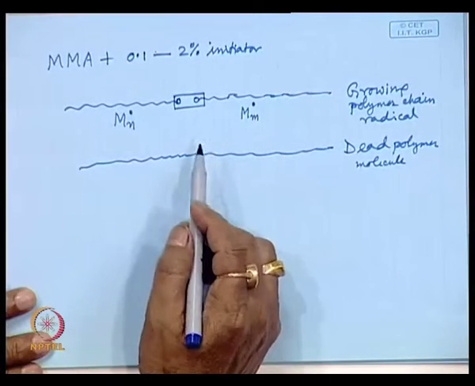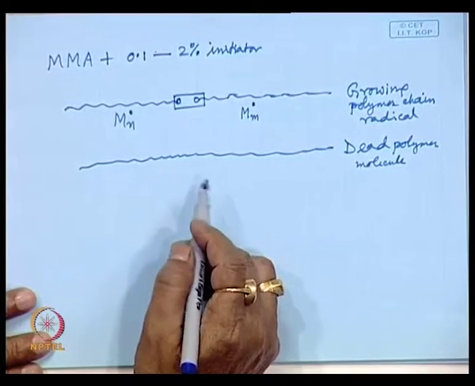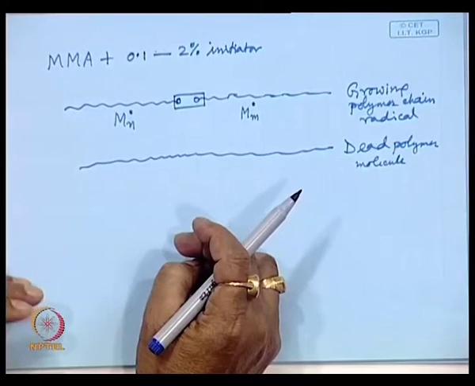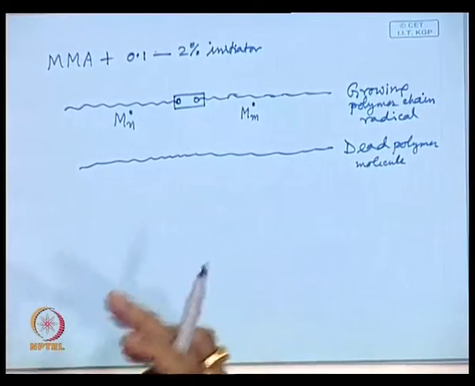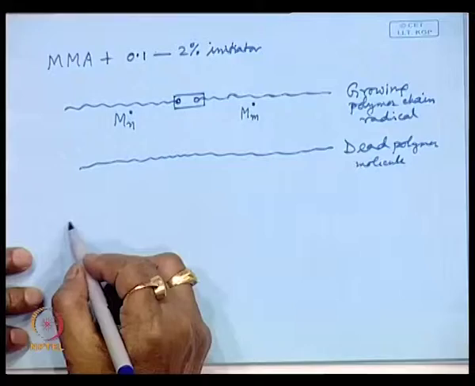Now, there can be another case where two growing chain radicals interact through disproportionation to stop their growth activity. How does that occur?